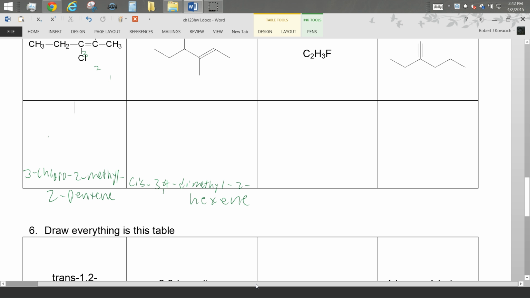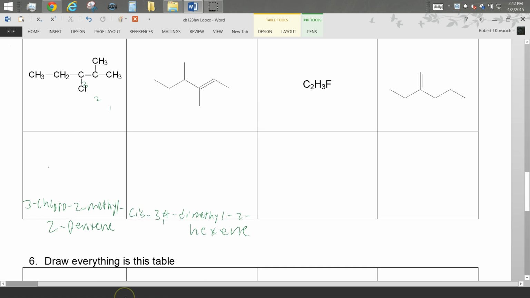You can eliminate cis or trans if on either one of the two carbons that's part of the double bond, the two things that are there are identical. Then there's no cis or trans possibility, right?